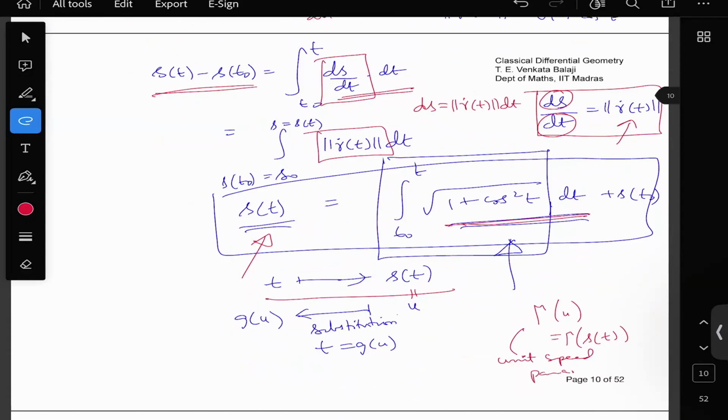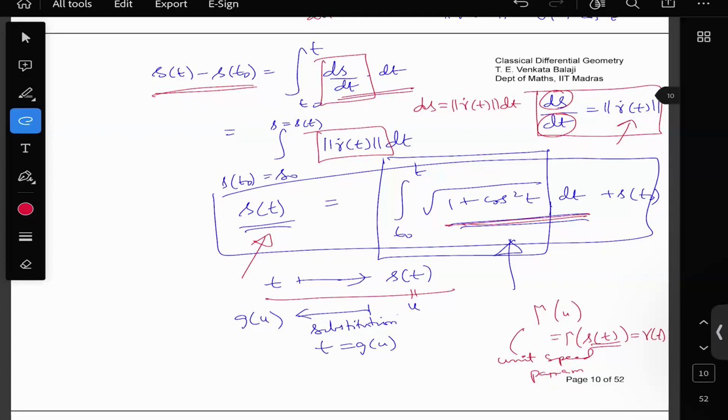But you want a formula in terms of the original small gamma, because what is given to you is only the original small gamma, which in this case is gamma of t equals (t, sin t), because it's the graph of the sine curve. From that I want the formula for capital gamma. If I knew what capital gamma is, I could just plug s of t into it, and of course this would only give you small gamma of t.